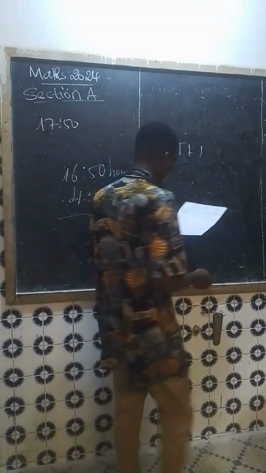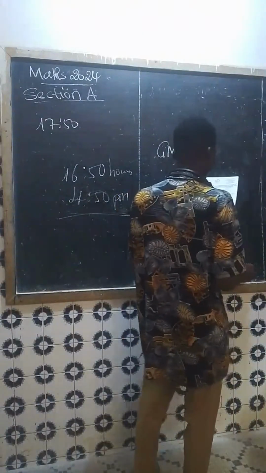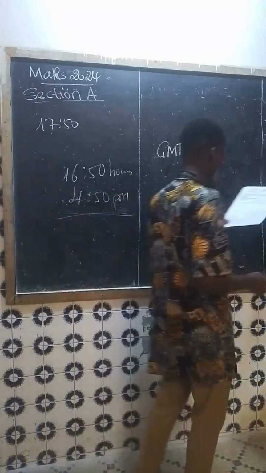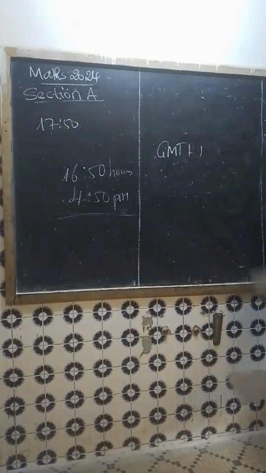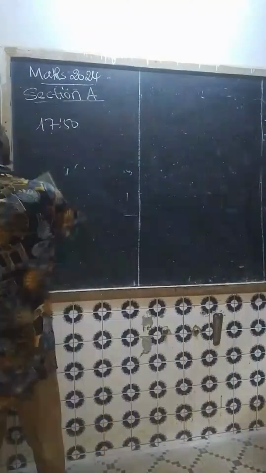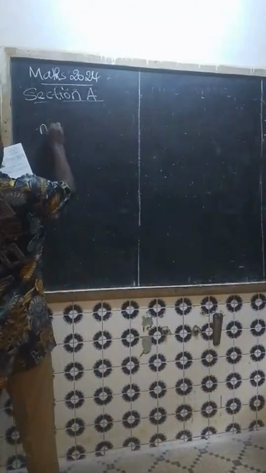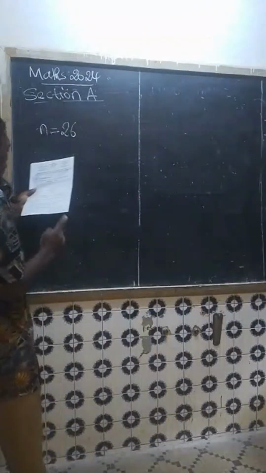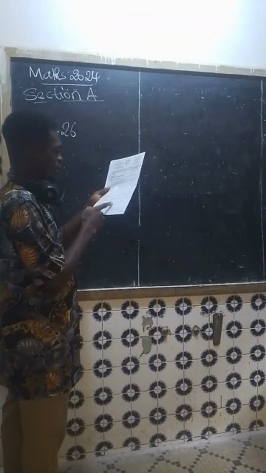In a class of 26 students, 13 are brothers, 14 are sisters, and 6 are neither brothers nor sisters. The number in class who are brothers is... In a class of 26 students, 13 have brothers and 14 have sisters.